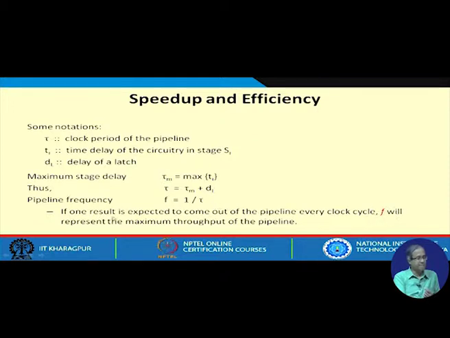So, f will represent the maximum throughput of the pipeline, that means at this rate the output results will be coming out of the pipeline. If of course you have a linear pipeline and you are expecting one result every cycle, but for a nonlinear pipeline things will become more complex, as we will see later. You may not be generating a result every clock cycle. Okay, fine.